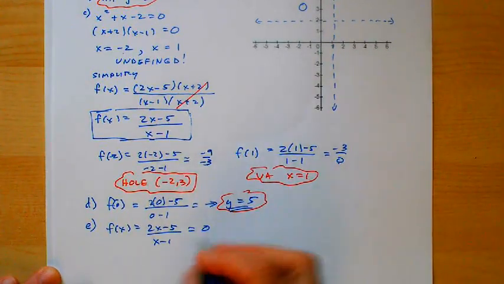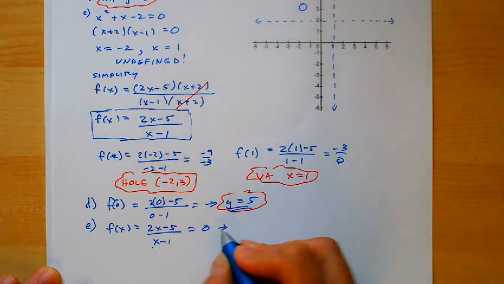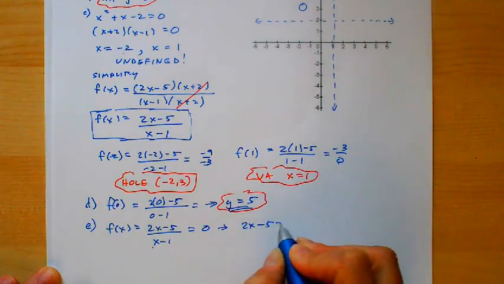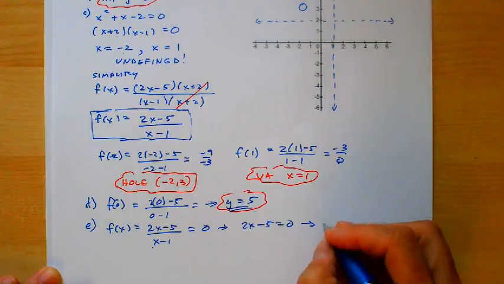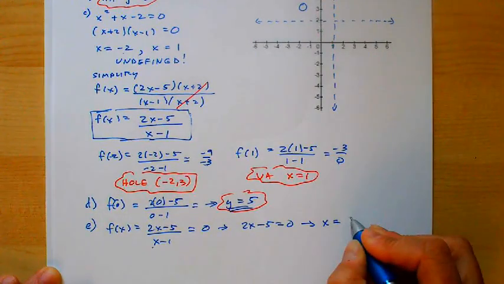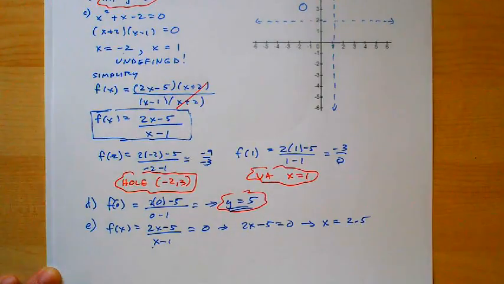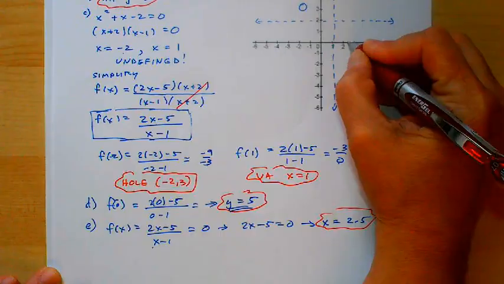So really clear out that fraction and just set the numerator equal to 0. And that will give you your zero of the function, or your x-intercept, at 5/2 or 2.5. All right, we can throw that on the graph now too.